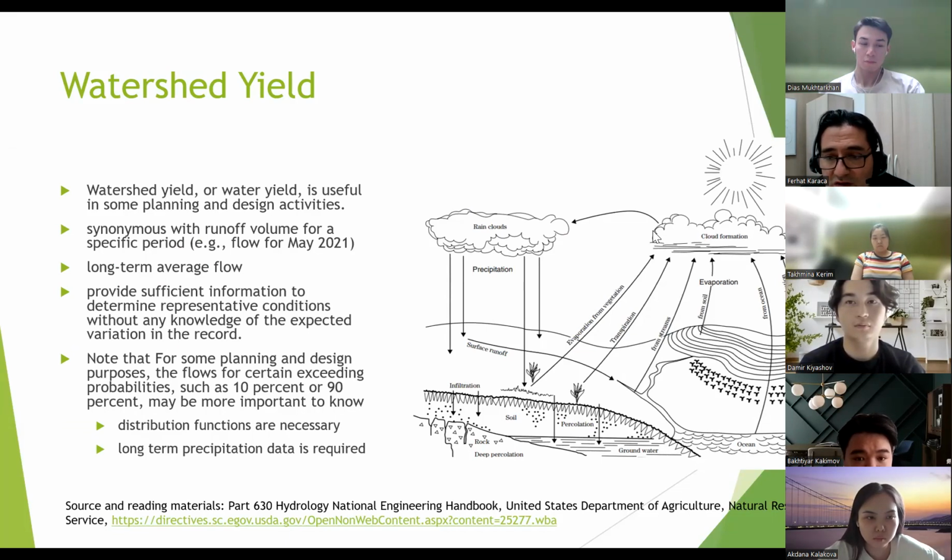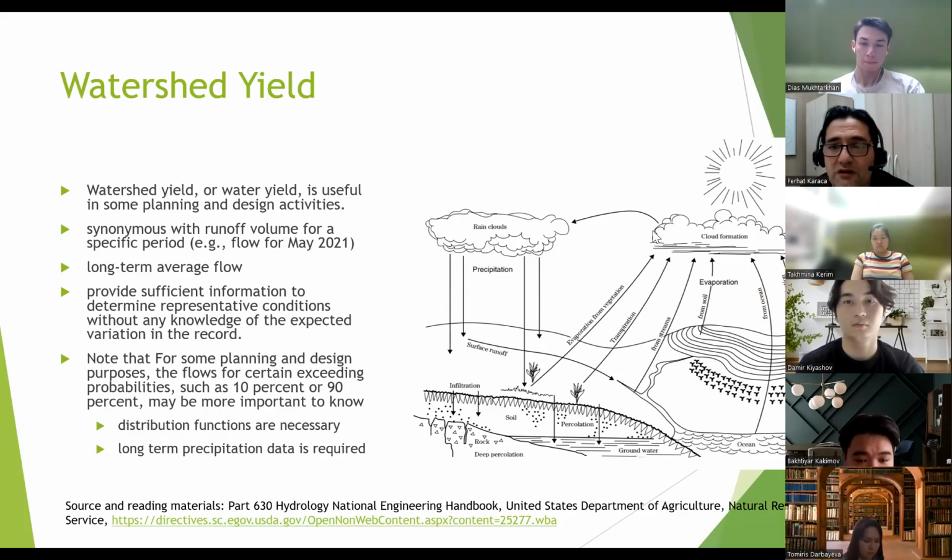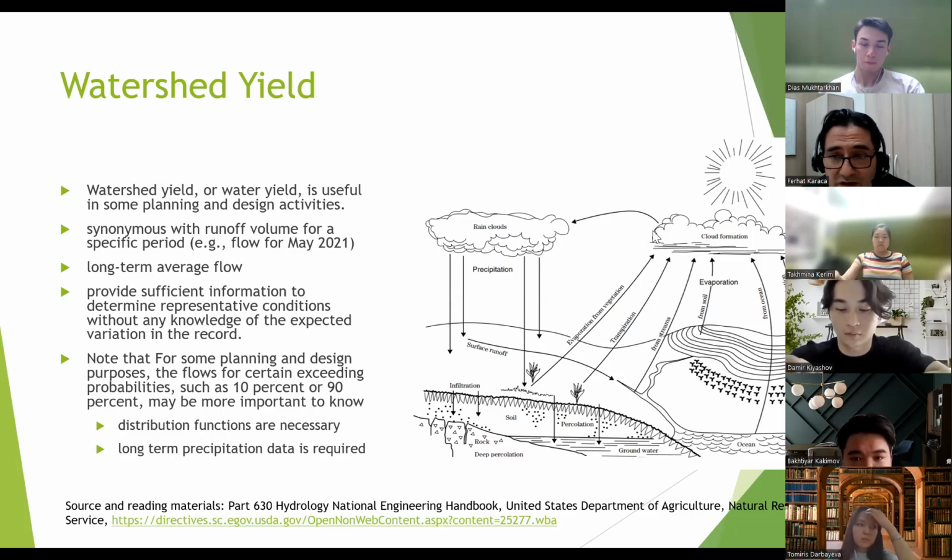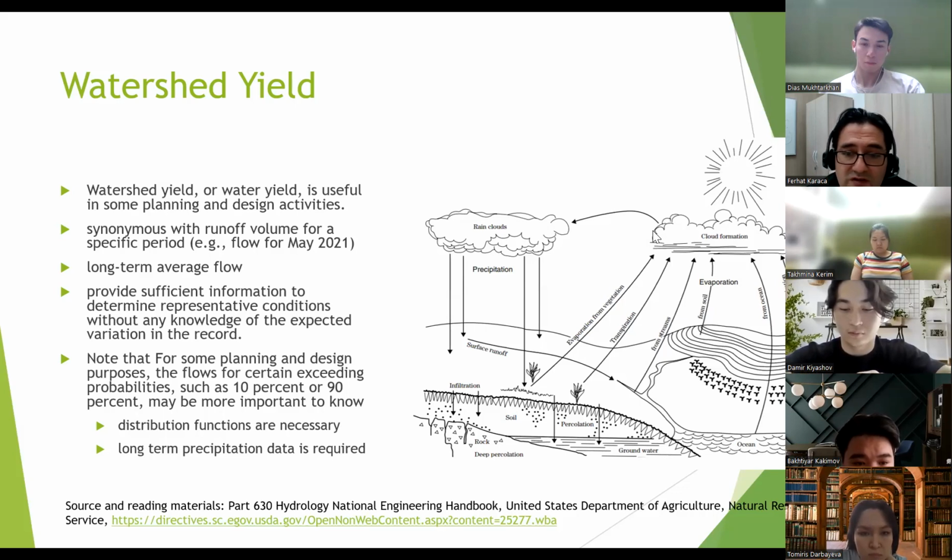For example, there is a watershed for every typical lake. Just imagine any lake or any river in Kazakhstan, and there is a watershed for that river, there is a watershed for that lake, and also there are watersheds for cities and some geographical locations.